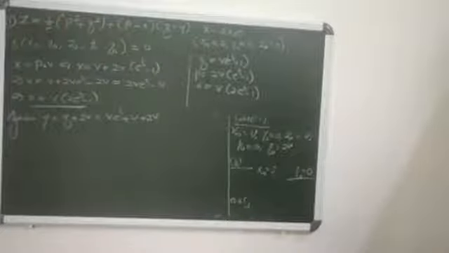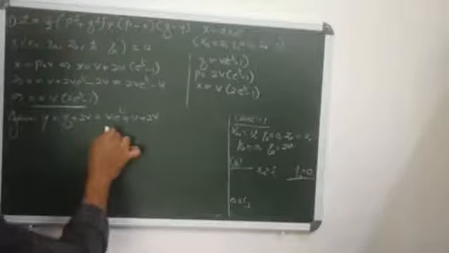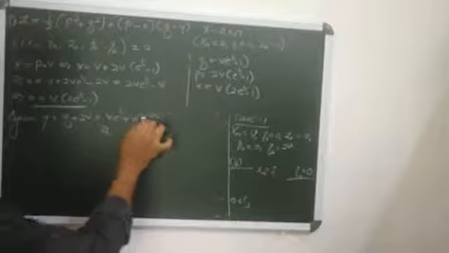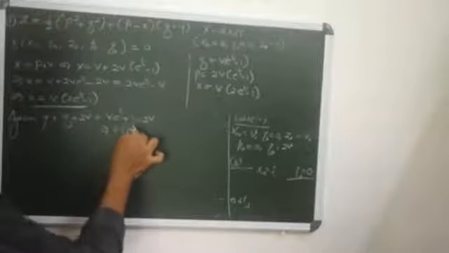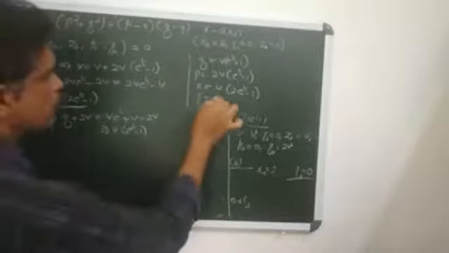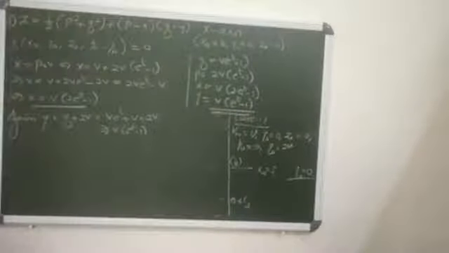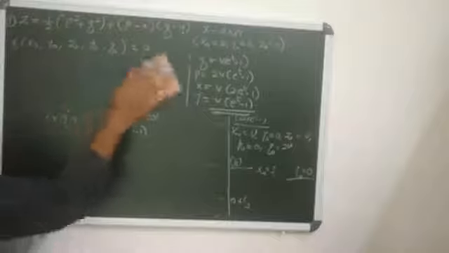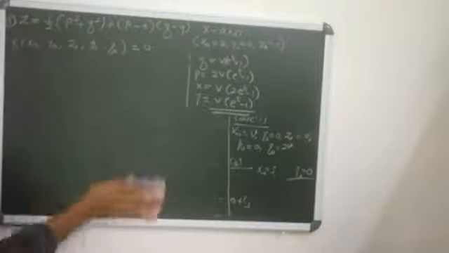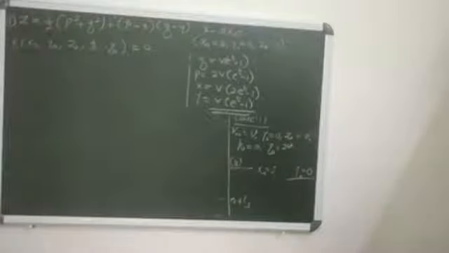So you can find y: y equals v into e power t minus 1. So consider these four values. Q equals v e power t plus 1, p equals 2v into e power t minus 1, x equals v into 2 e power t minus 1, and y equals v into e power t minus 1.